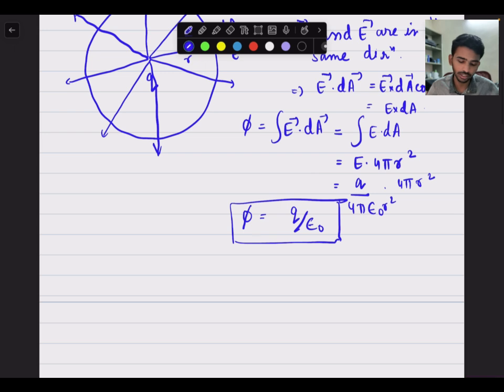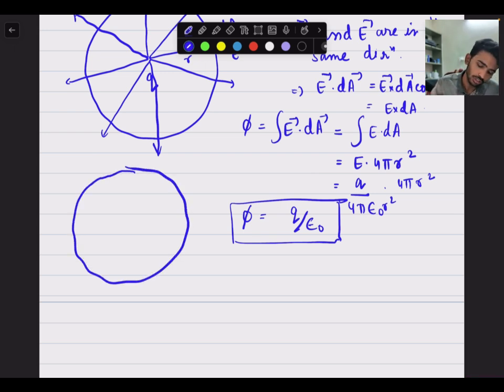But now let's say we want to find the flux in this case: let's take the same spherical surface, and now let us place a charge at some arbitrary point and not the center. Now the field lines, as we can see, would not be perpendicular to the area.